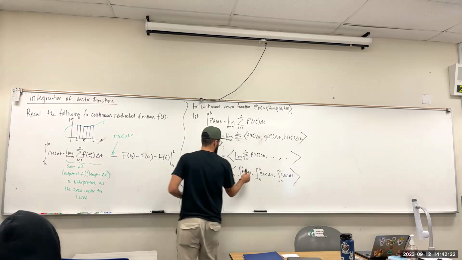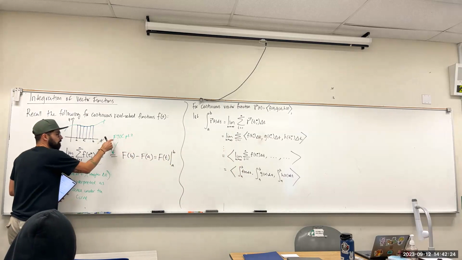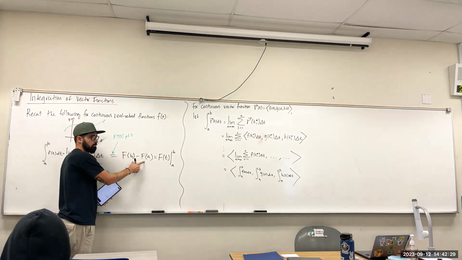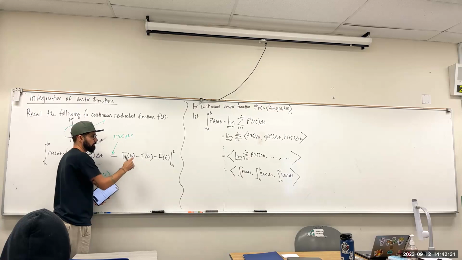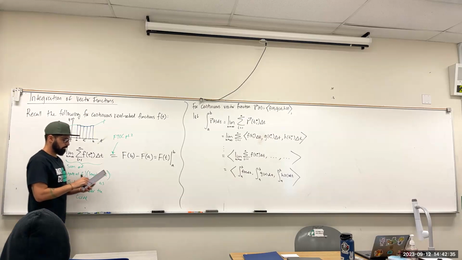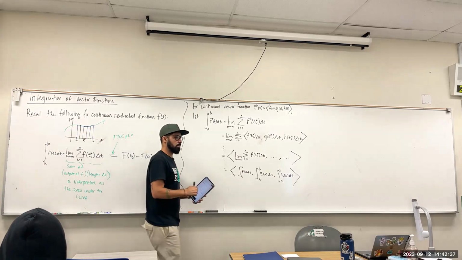And because of this, that uses fundamental theorem of calc, this is just this, right? It's the difference of the endpoints at the antiderivative. So that's kind of what I think Sam you were mentioning.